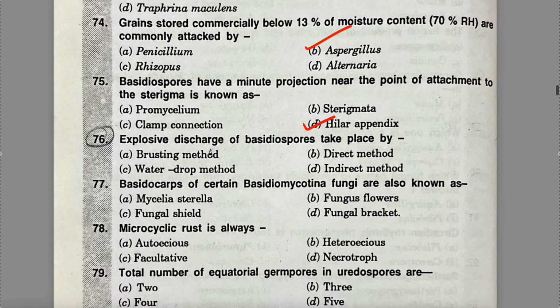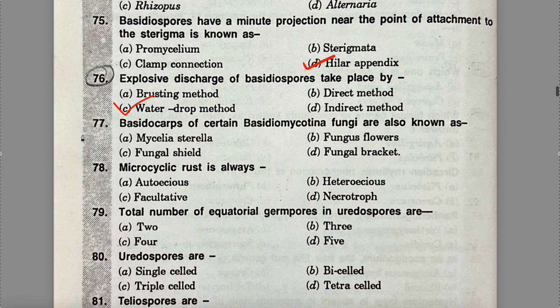76. Explosive discharge of basidiospores takes place by bursting method, direct method, water drop method or indirect method. The answer is option C. 77. Basidiocarps of certain Basidiomycotina fungi are also known as Mycelia sterilia, fungus flowers, fungal shield or fungal bracket.